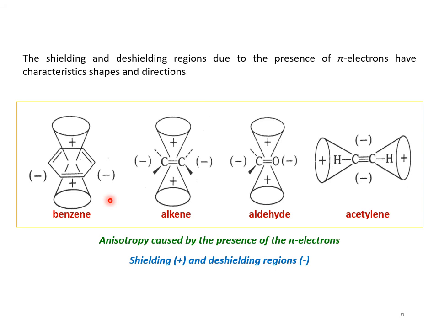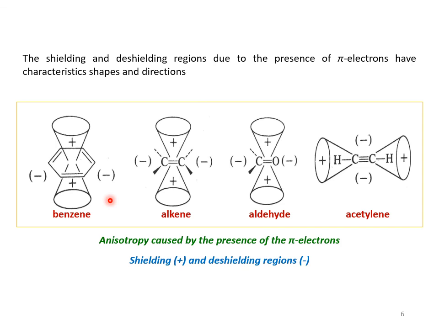Aldehyde protons show even further downfield than these two, at 9 to 10 delta ppm. So these are anomalous. Then coming to alkynes, the alkyne protons show an unexpected delta value at 2 to 3 delta ppm. These unexpected results can be explained on the basis of magnetic anisotropy.